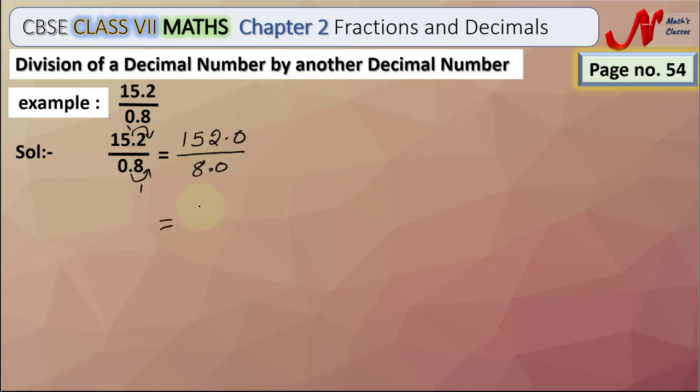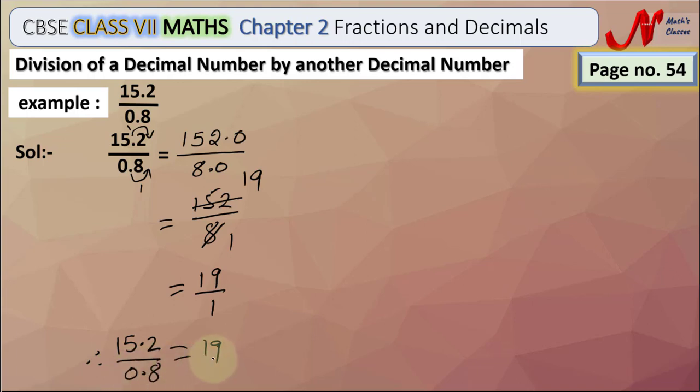It can be written as 152 by 8. By cancelling, 8 ones are 8, 8 ones are 8, remaining 2 plus 7, 72. 8 nines are 72. So it can be written as 19 by 1, which can be written as 19. Therefore 15.2 divided by 0.8 is equal to 19.